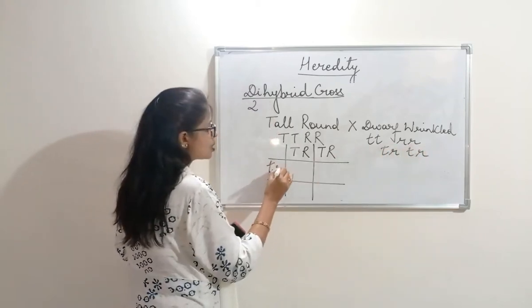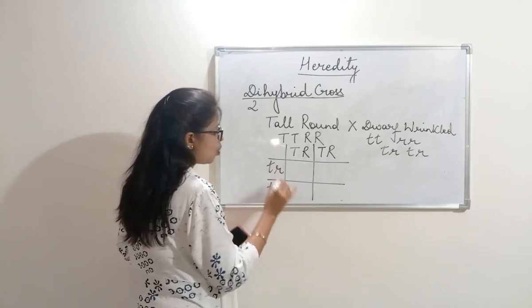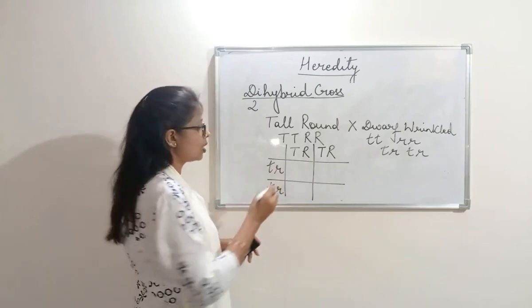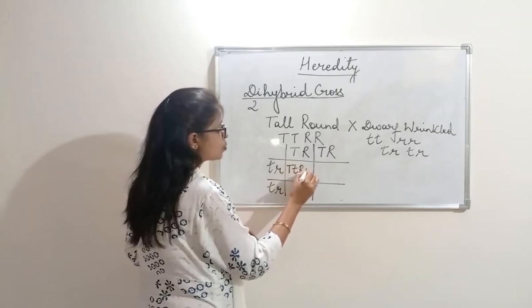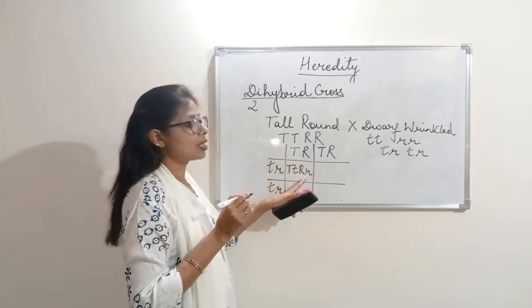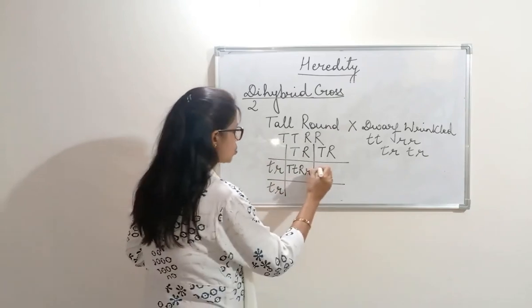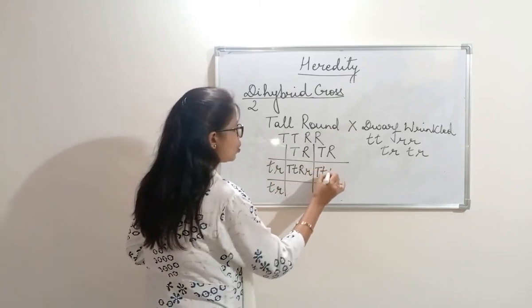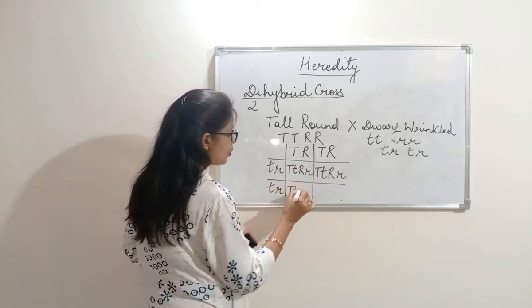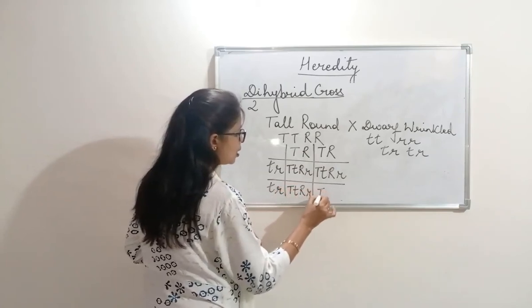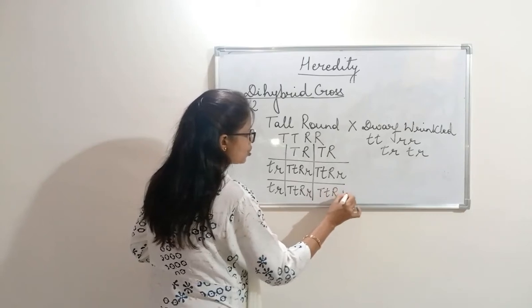He crossed them with small t and small r. Then what did he get? Capital T, small t, capital R, small r. This is what he got in all the boxes, in all the offsprings that were produced in the F1 generation.